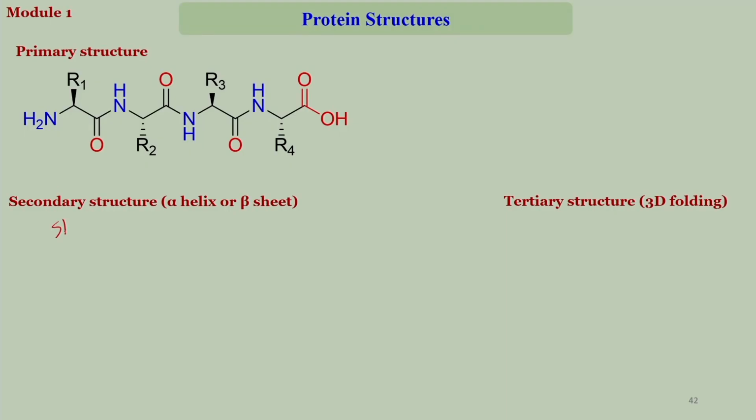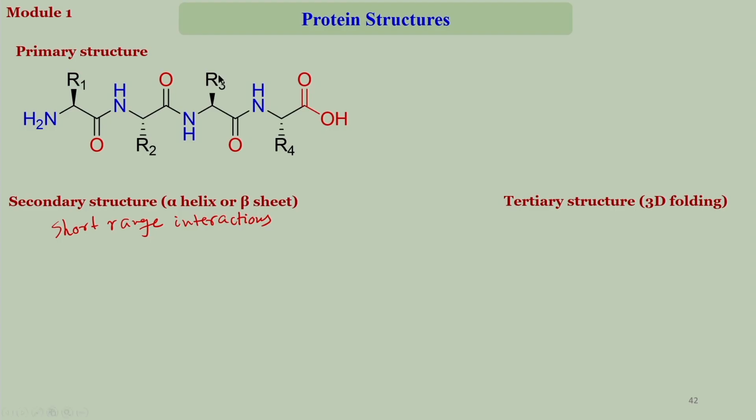So, secondary structure ideally is the short range interactions, and because of the short range interactions, it has mainly two kinds of geometry that are formed. One is called alpha helix, and the second one is beta sheet structure.